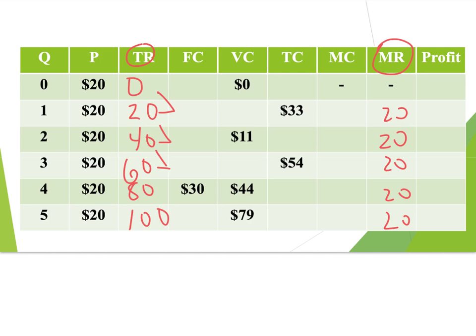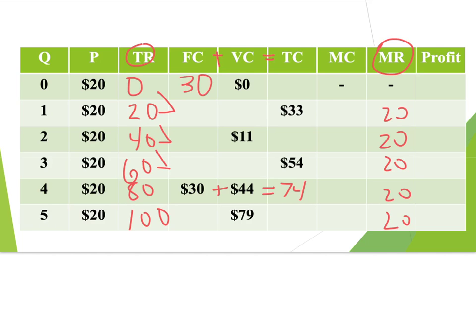Then for my fixed, variable, and total cost, these go together, and fixed plus variable equals total. So if I look down at the bottom here, fixed plus variable equals total, and that's 74. Now, fixed costs, if you remember, are all the same. So once you found one fixed cost, they're all the same.